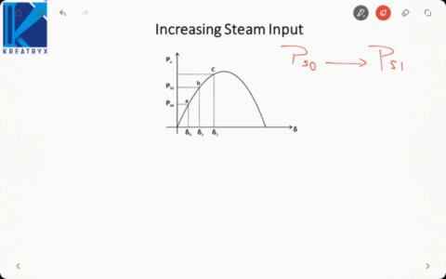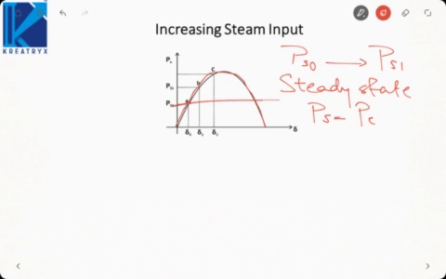Now as I told you, under steady state, shaft power should be equal to electrical power. This curve here represents electrical power and this is my shaft power. Initially the machine is operating at an angle delta naught.